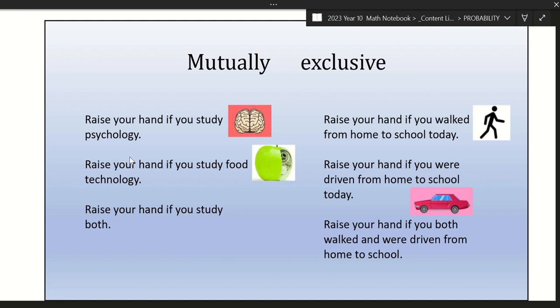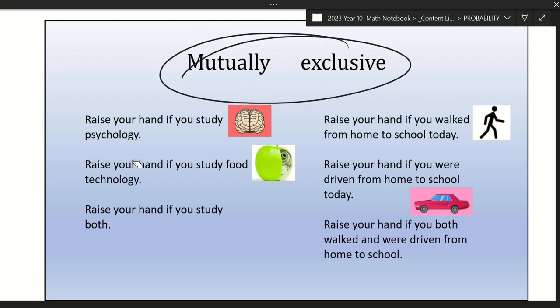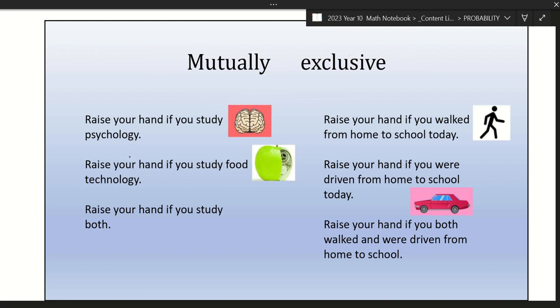He just walks. And some people do the other. Now, when we talk about the word mutually exclusive, what we're talking about is when something doesn't have anything in common. When it's one or the other.